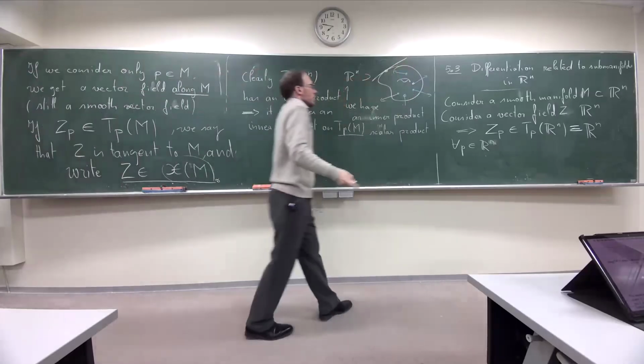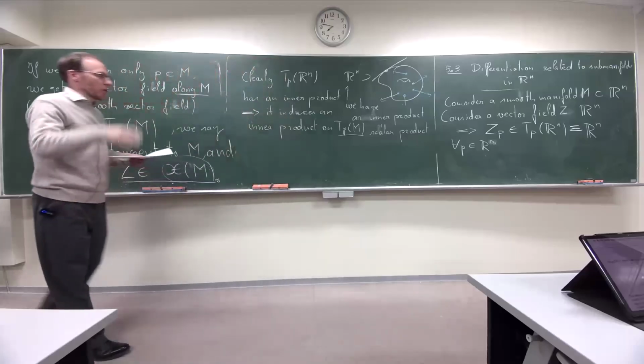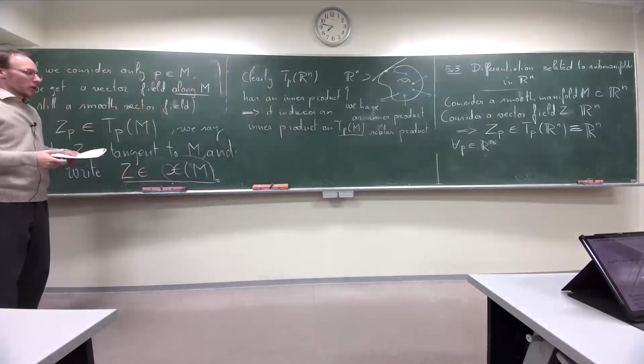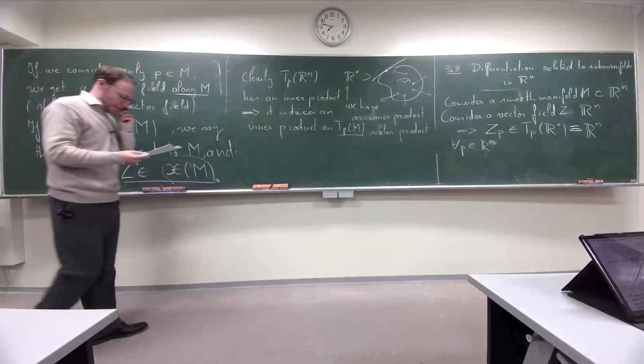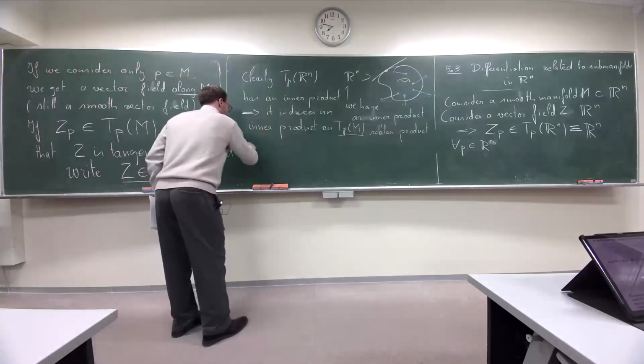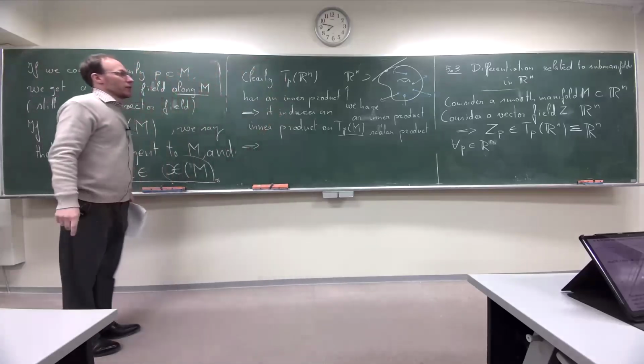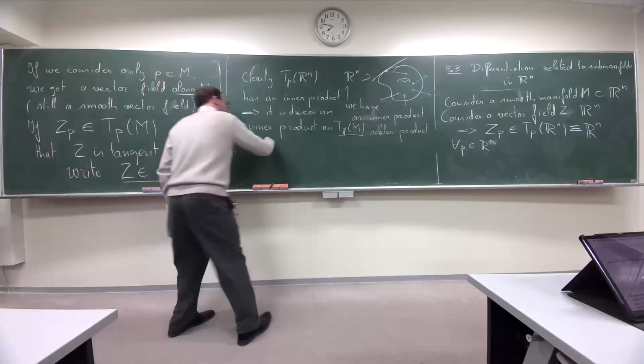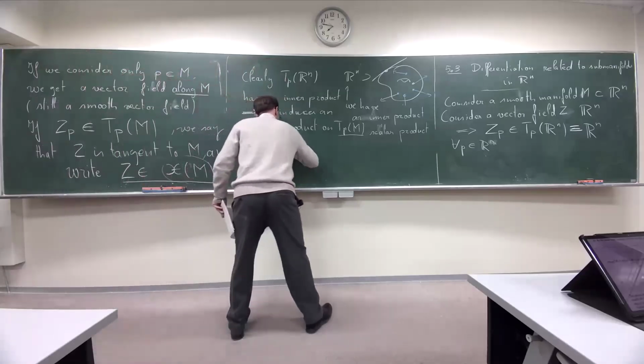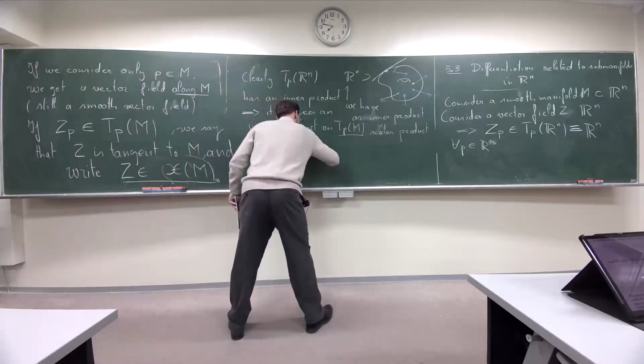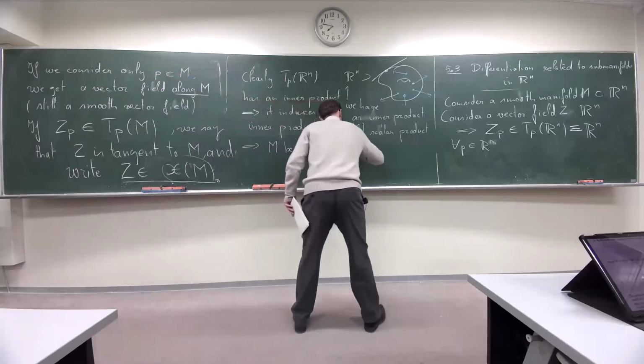It has a scalar product, which is just the one from Rn, but for vectors which are on this tangent plane. But if we are in this situation, it means M becomes a Riemannian manifold.